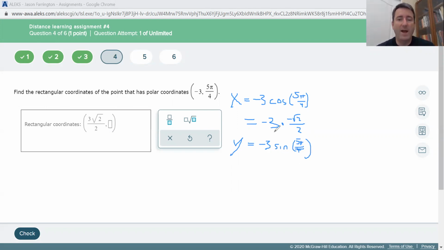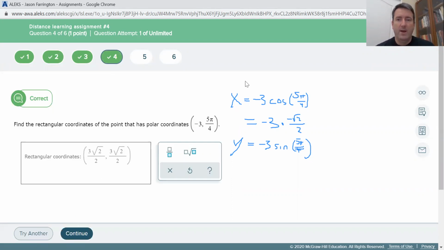And so y is going to be the exact same answer. So let's enter that same thing. 3 square root of 2 divided by 2. All right.